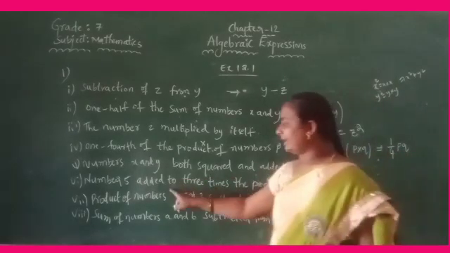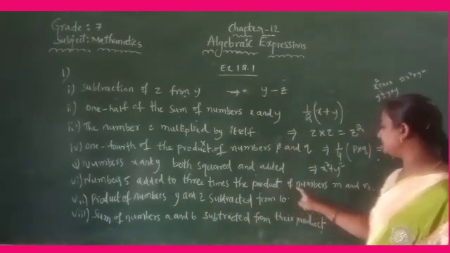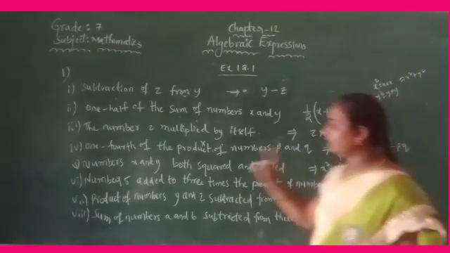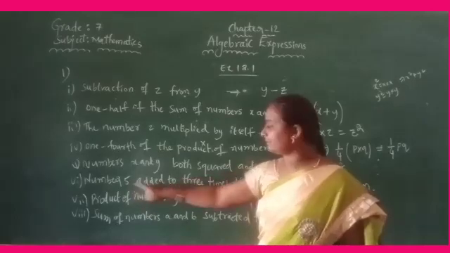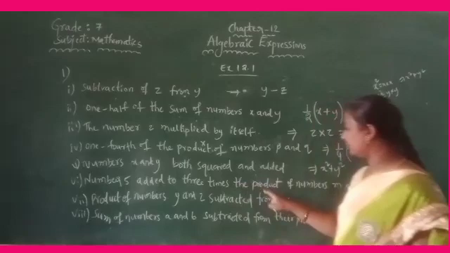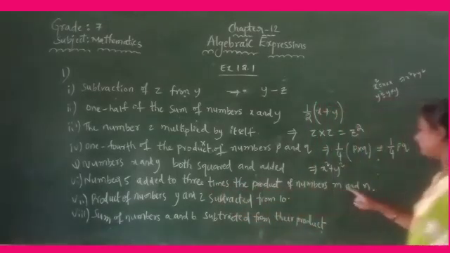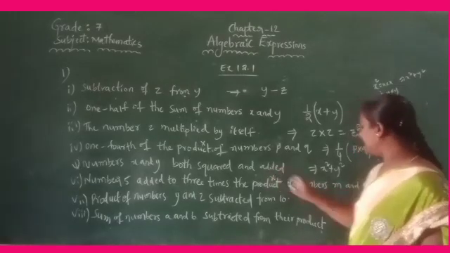Number 5 added to 3 times the product of numbers m and n. Listen carefully. Here number 5 is given, that is a constant. The number is added to 3 times the product of the numbers m and n. So here product means into.